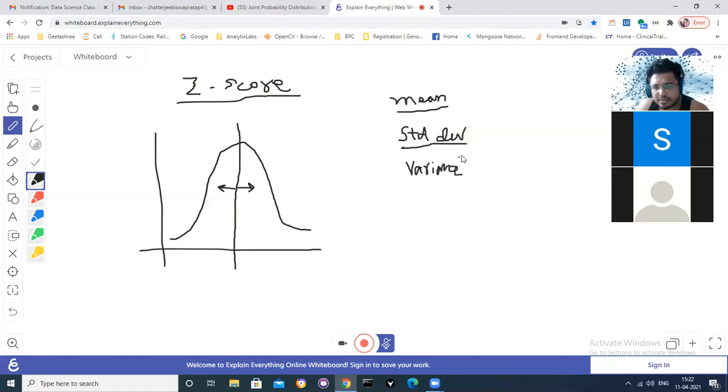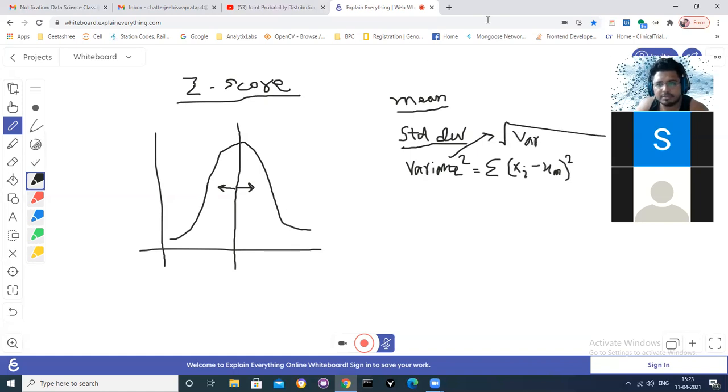So variance square is equal to the summation of all the data points from the mean subtracted from the mean square. Okay, so this is variance, and standard deviation is equal to the root over of variance.